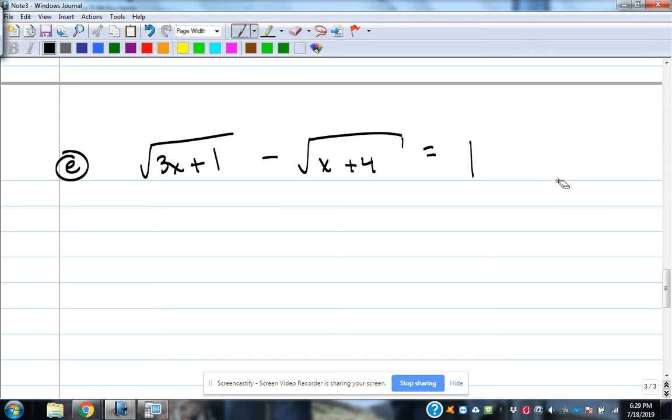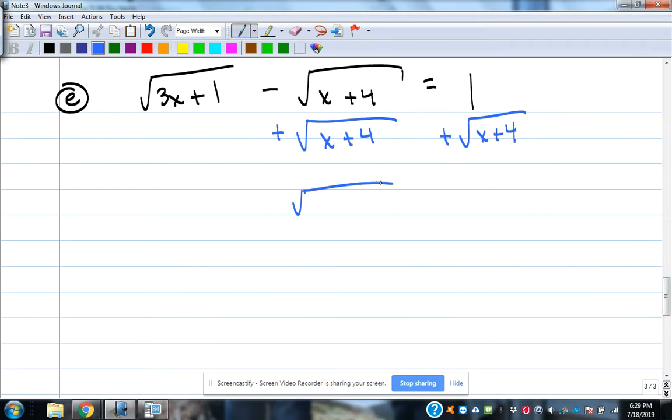So if I add the square root of x plus 4 to both sides, that gets me the square root of 3x plus 1 equal to, and I'm going to write this with the square root part in the front and then the plus 1 in the back. Because to me, it makes it easier to have the square root in the front when you go to do the next step.